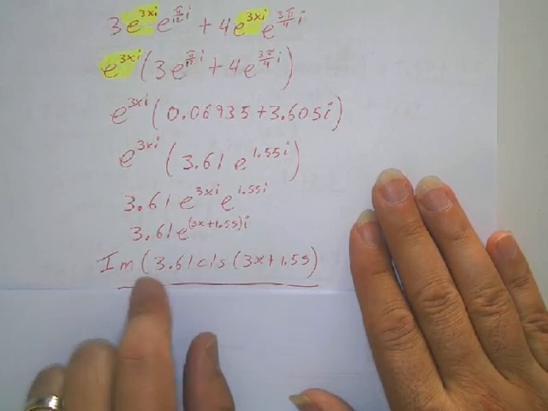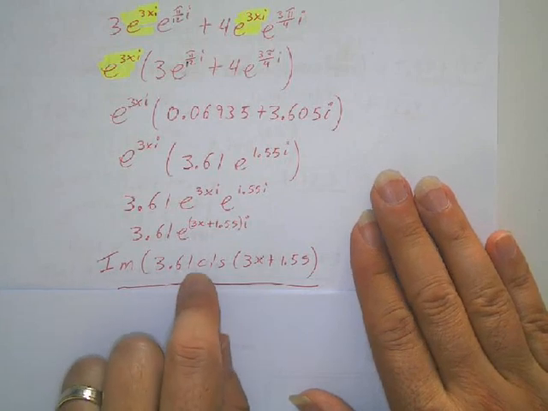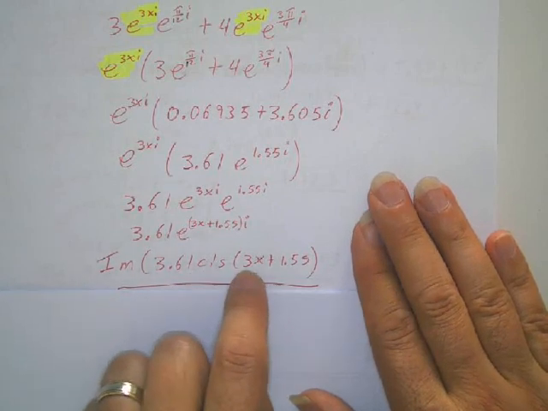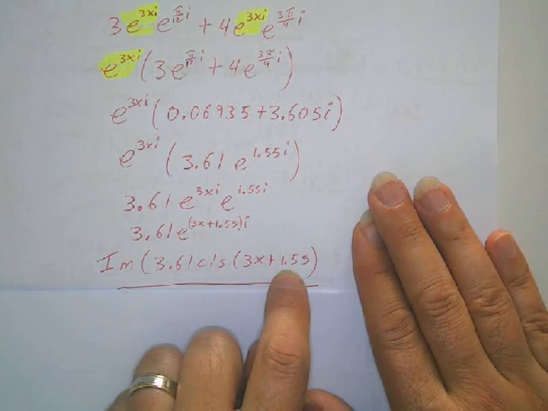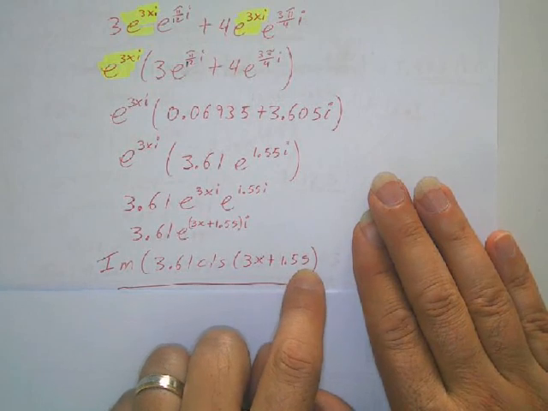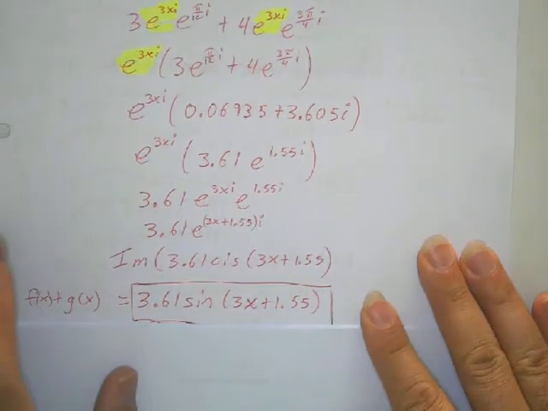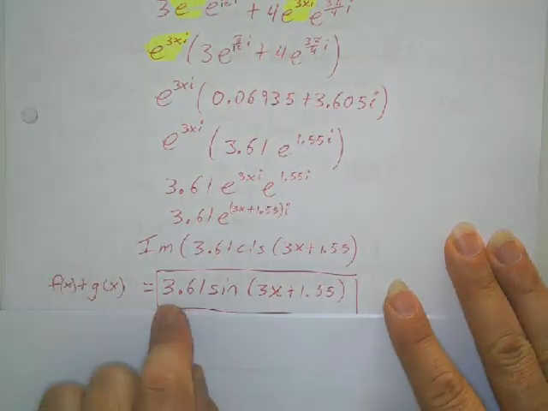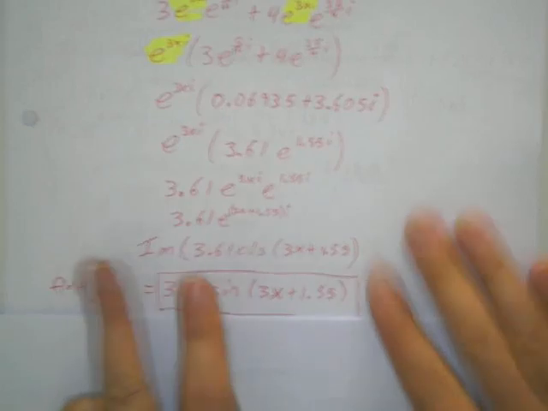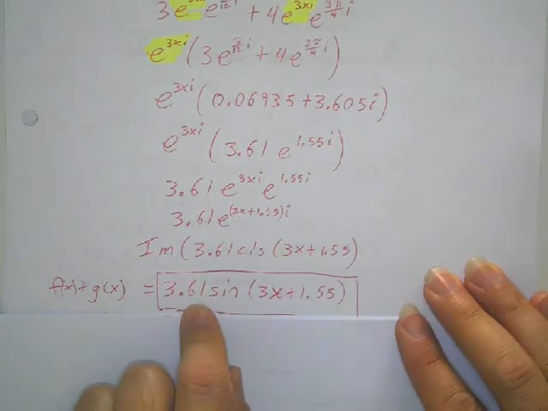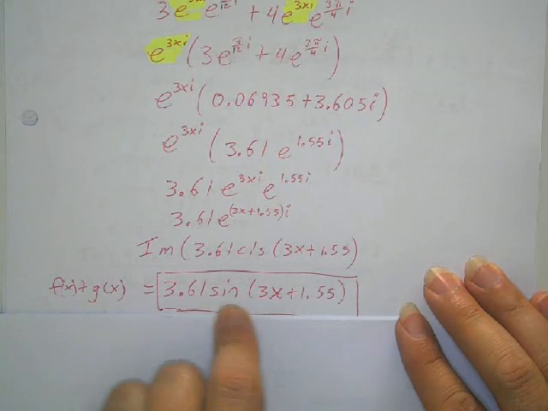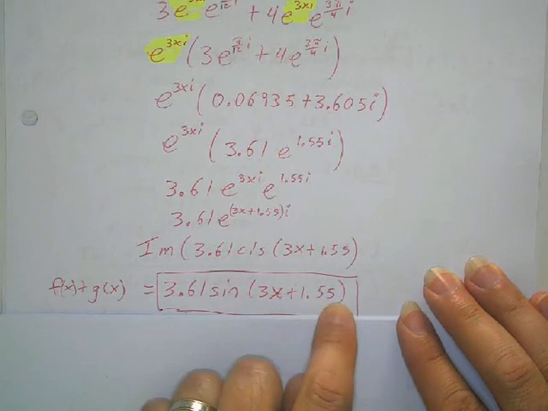We have 3.61 cis (3x plus 1.55), and this is imaginary because we started off with sine. And so our final answer of f of x plus g of x is, drumroll please, 3.61 sine (3x plus 1.55).